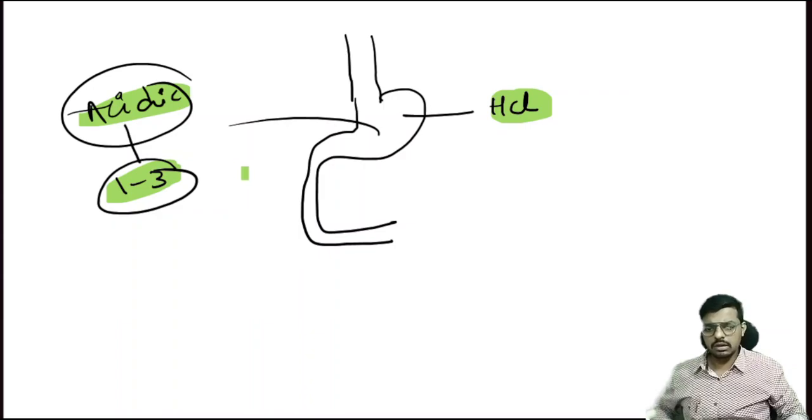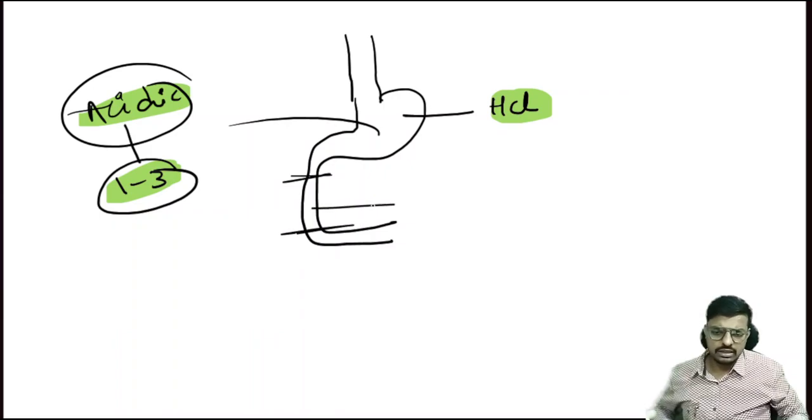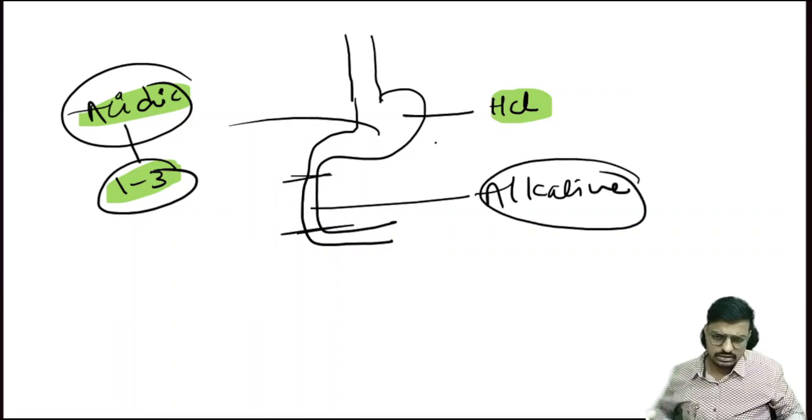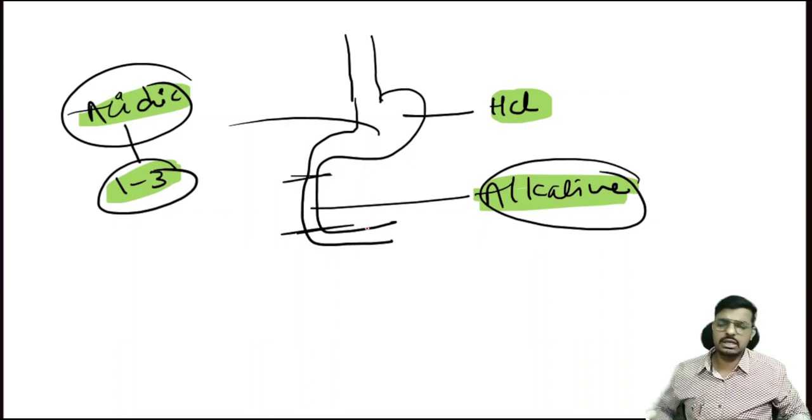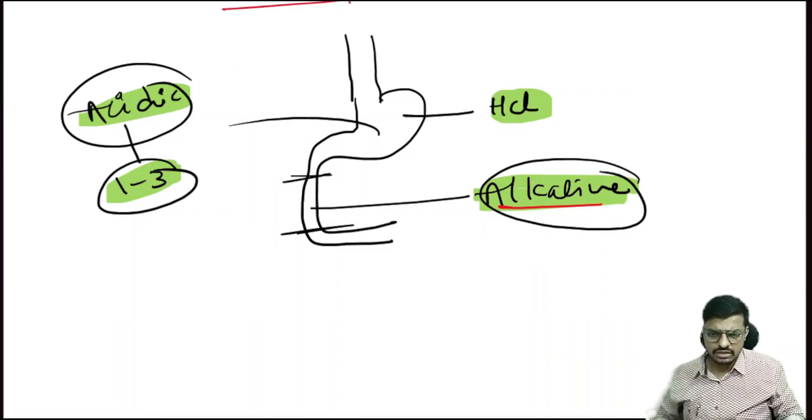Very importantly, here in the duodenum, the content is completely alkaline, because the glands present in the duodenum secrete mucus excessively and bicarbonates, which keep the intestine alkaline. Right? So here I have inserted the nasogastric tube through the nose into the stomach.